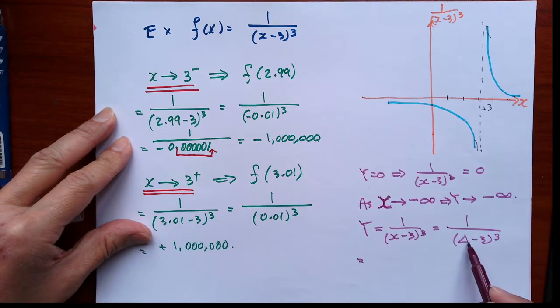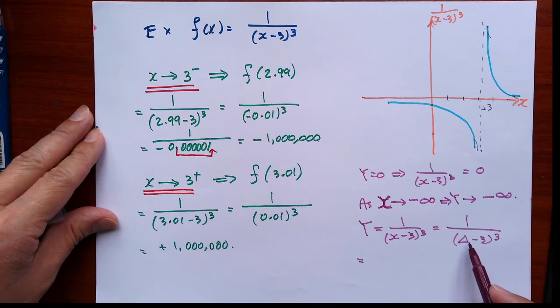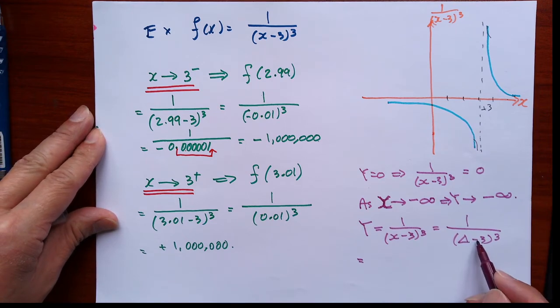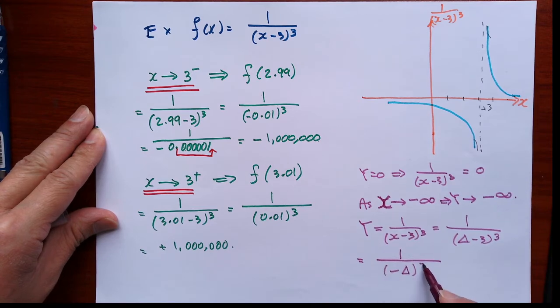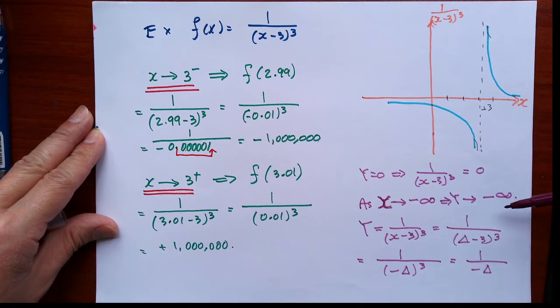as x is a very large negative number, this minus 3 actually becomes insignificant. So you have a very large negative number cubed. So that's still equal to a very large negative number. And so this would be a very small negative number.